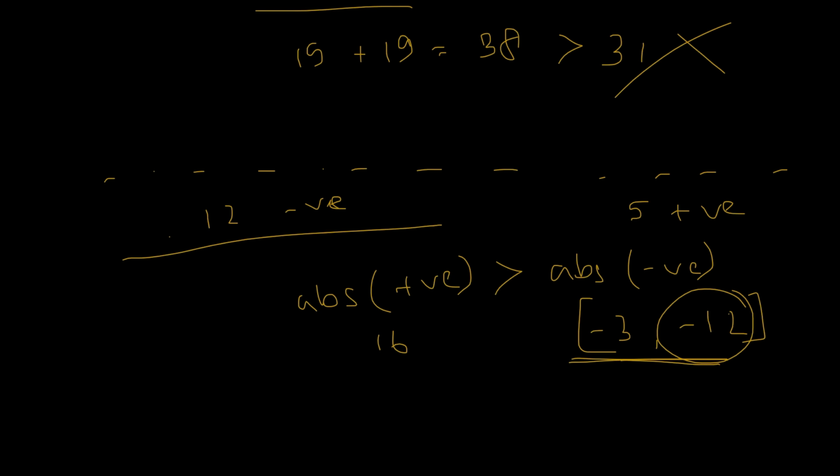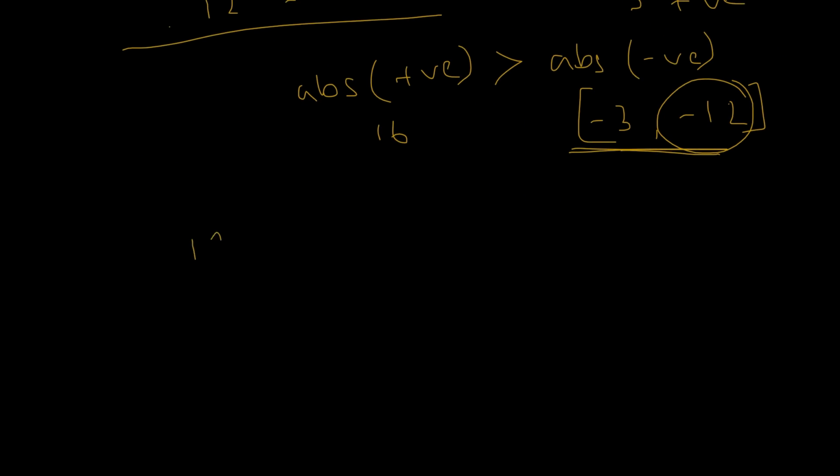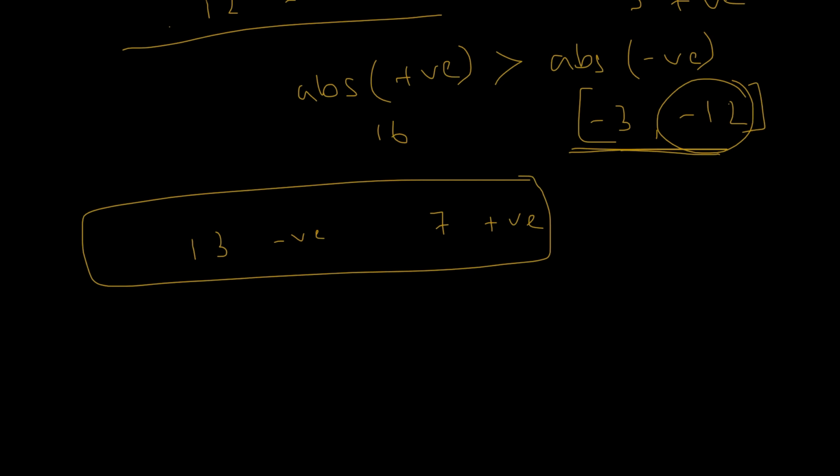But what if the number is greater than 12? That is, the count is 13 or more. Let's say there are 13 negative integers and 7 positive integers. Now, if the negative numbers have the highest absolute value, let's say minus 18, and the positive set contains numbers between 3 to 10, then of course minus 18 is the highest absolute value, and we can add minus 18 to all the positive numbers to make them negative.